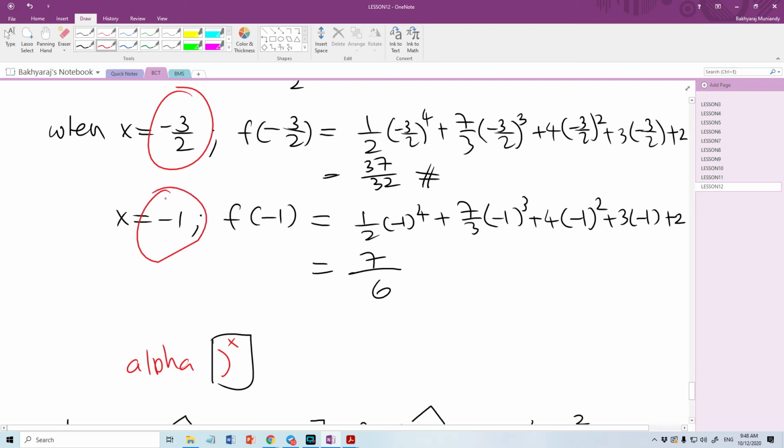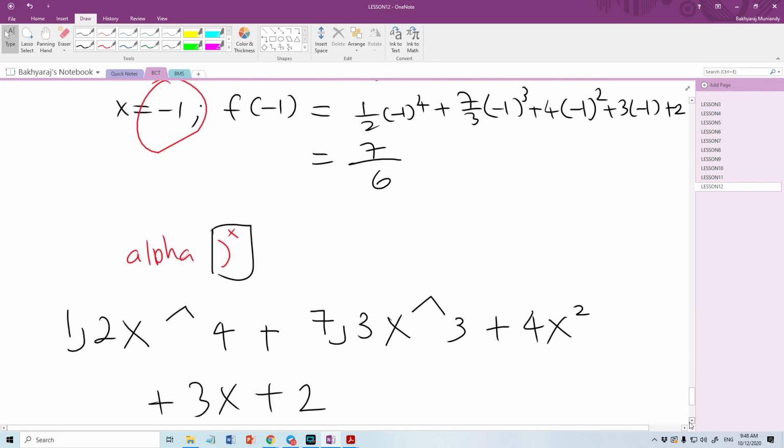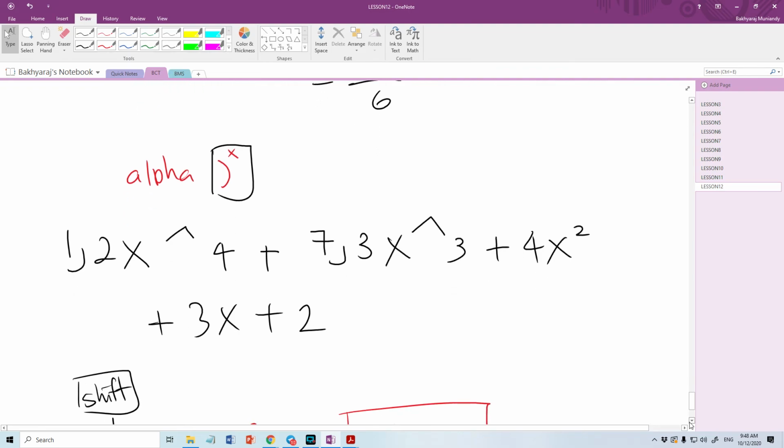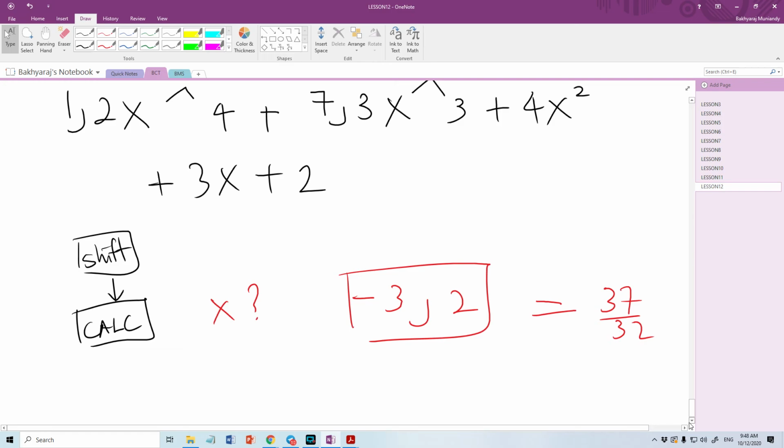So you tekan CALC lagi sekali, because we need to remind the calculator the value you want again is -1. So tekan CALC dan tekan -1 sama dengan.